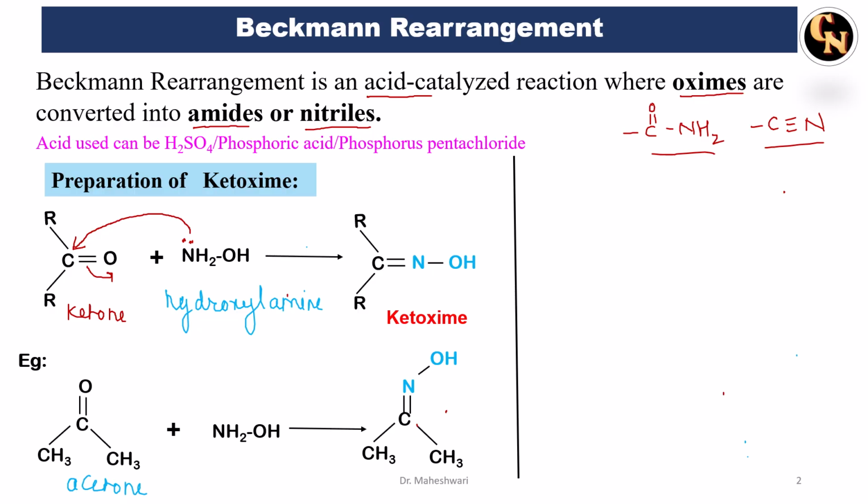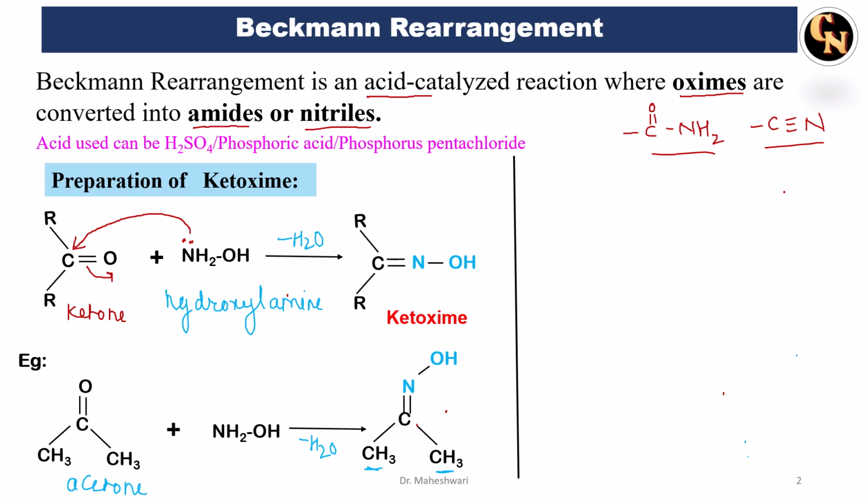What is going to happen is removal of a water molecule, minus H2O, and we are going to get a ketoxime. Here you can see the R groups are replaced by CH3 groups, because we have taken acetone. So this is CH3 C double bond N OH CH3. So this is the ketoxime which we will be getting.